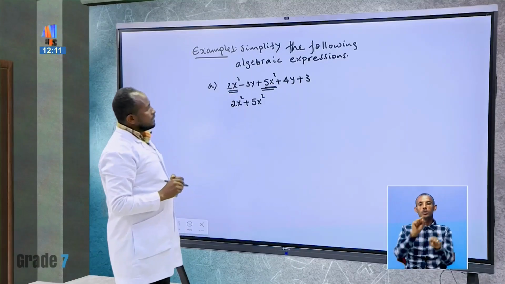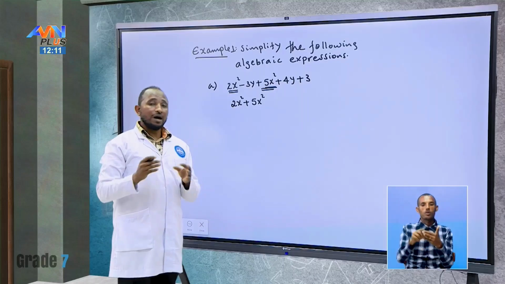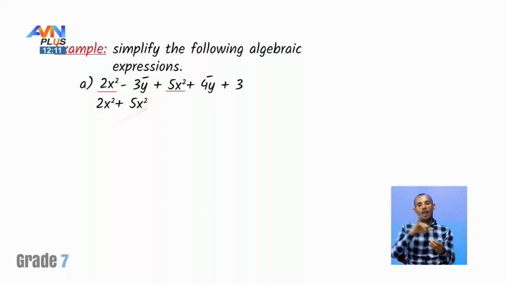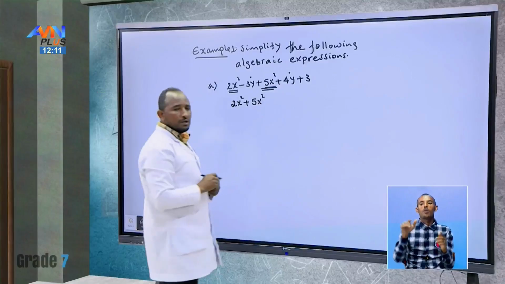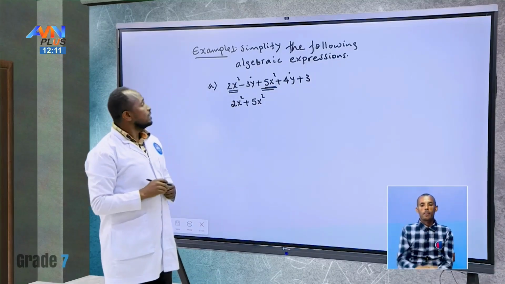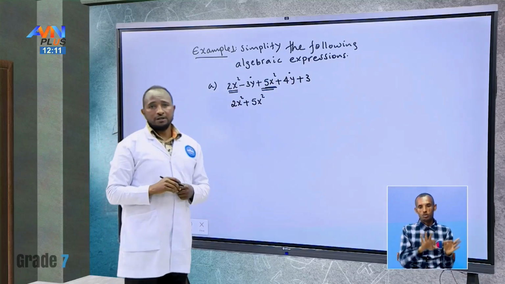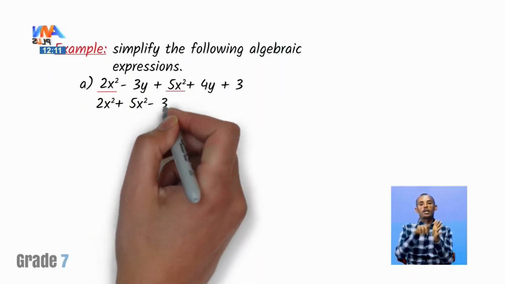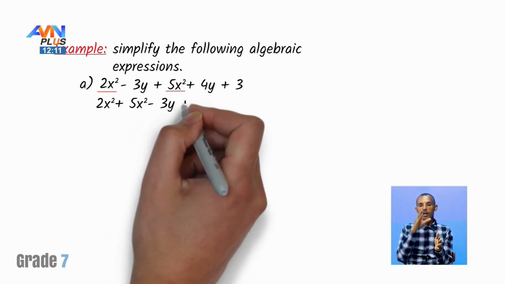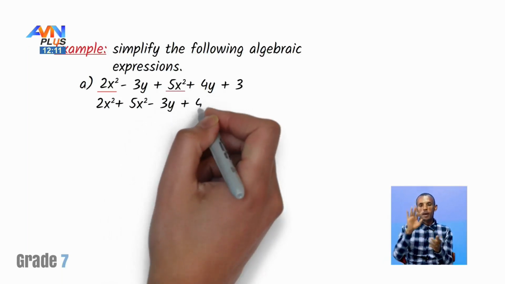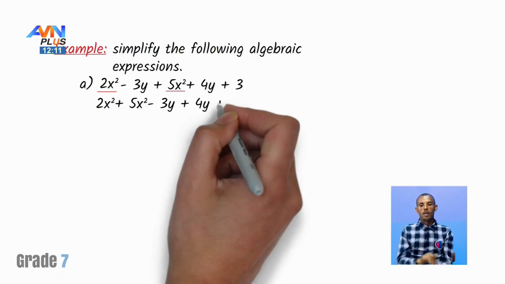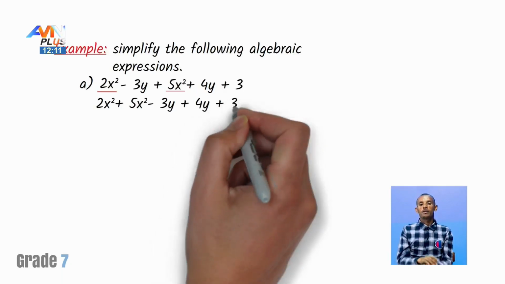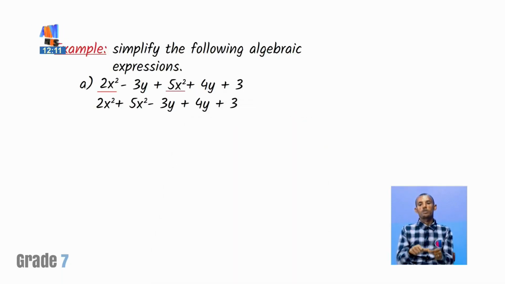Also, minus 3y and positive 4y are like terms, so let's put these two together. First, minus 3y, and here plus 4y. This one is a constant term, it doesn't have a like term, so just put it alone.